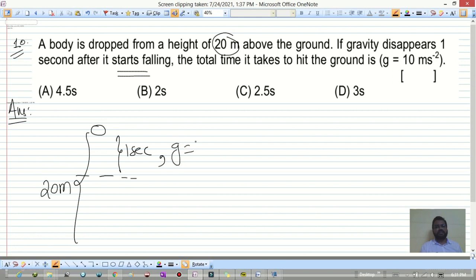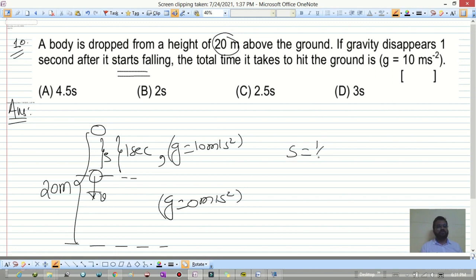In 1 second, gravity we have is 10 meter per second squared, but after that gravity is 0 meter per second squared. So at this point, whatever speed is there, that speed will be retained by the body. So firstly, we have to find the distance travelled, right? Distance S is equal to 1 by 2 into 10 into t squared, t is 1, which is equal to 5 meter.